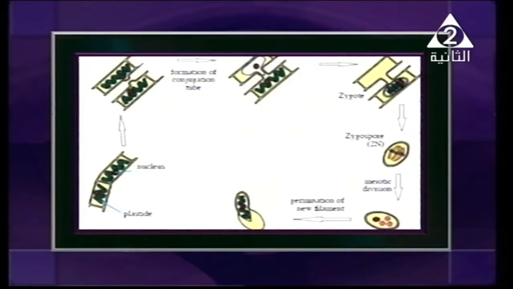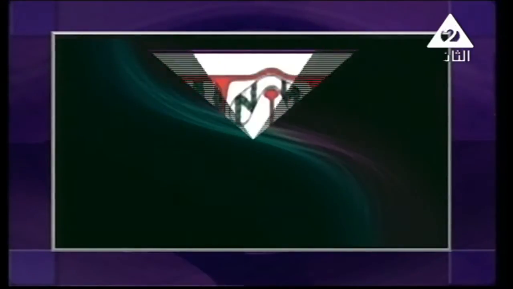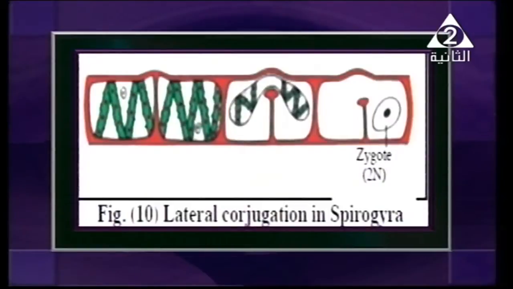The zygospore coats itself with a thick coat. When the conditions become favorable, it gives us what? A new filament or new individuals. Yes, this is the scalariform conjugation of Spirogyra. What about here? This is a lateral conjugation in Spirogyra.